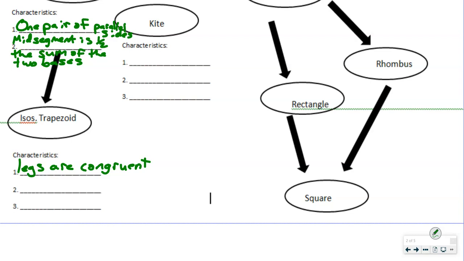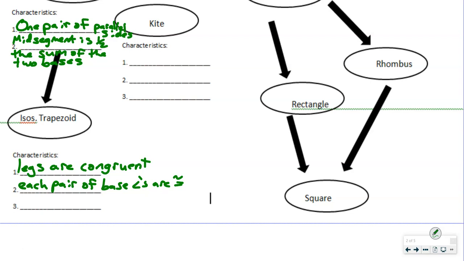And then the next characteristic is that each pair of base angles are congruent.